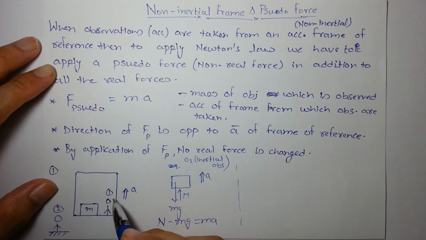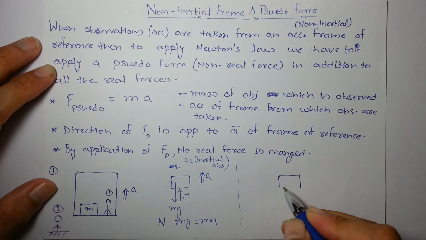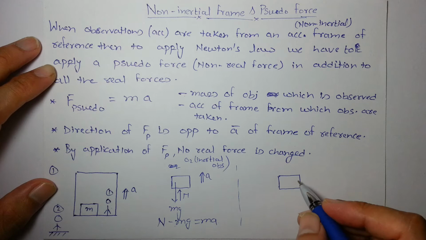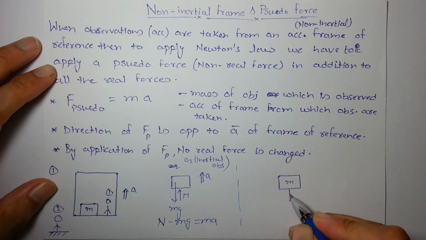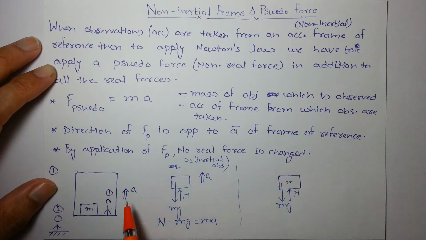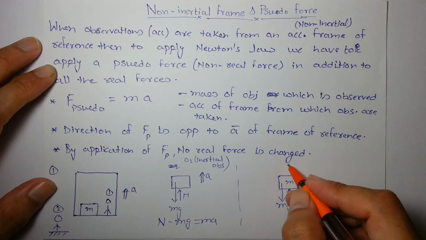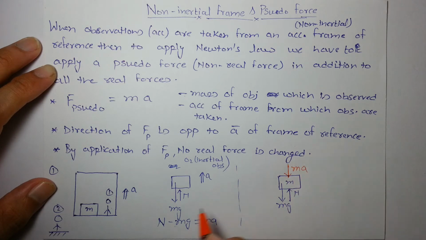But when similar observations are taken by observer 1, who is accelerating, he'll say there's a normal reaction, there's a weight of the block, and there's an additional force. As the acceleration of observer 1 is upward, he'll apply a pseudo force in the downward direction, equal to mass times the acceleration of the observer itself, which is a.